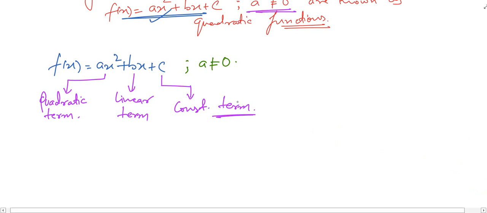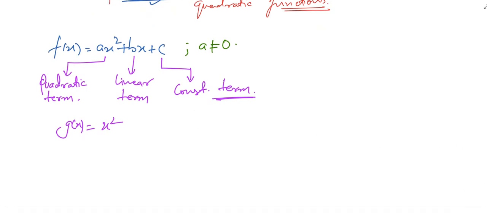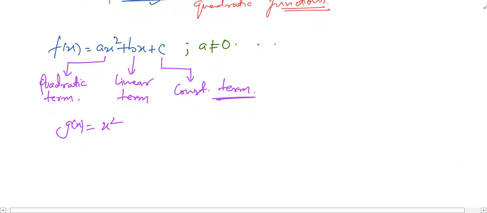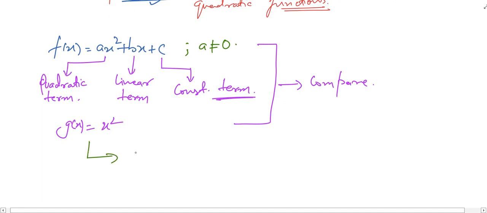So let's take an example like this, some function g(x) which is equal to x², right? Let us compare these two things. If we compare, then we get that here a is equal to 1, b is equal to 0, and c is equal to 0.